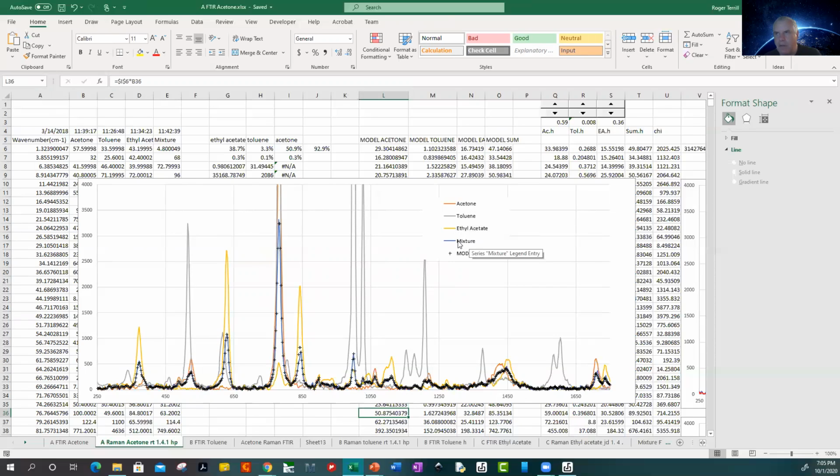The spectrum of the mixture should equal the spectrum of acetone times the coefficient plus the spectrum of toluene times the coefficient plus the spectrum of ethyl acetate times the coefficient. So what do I mean by a spectrum times a constant? Well, let's take a look at that.